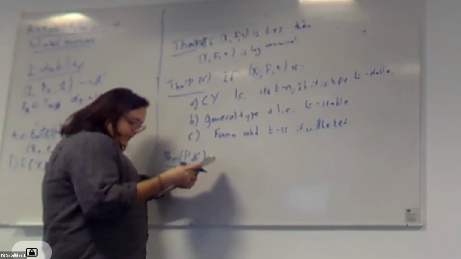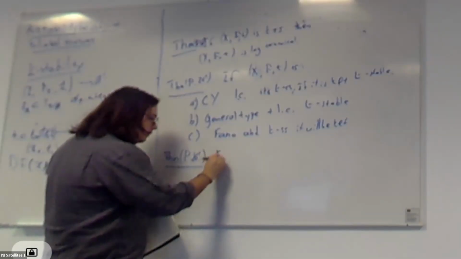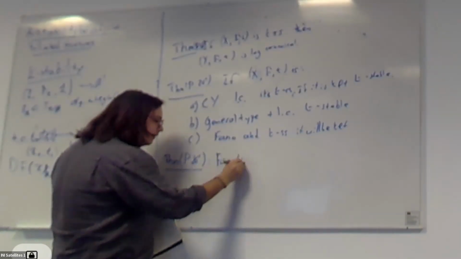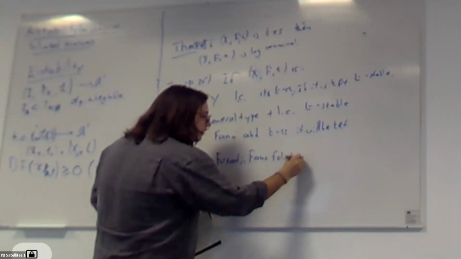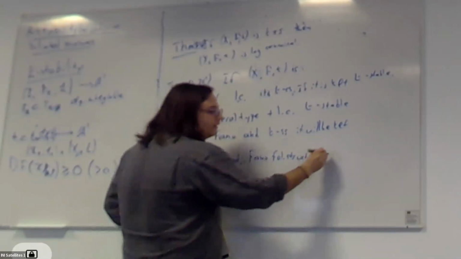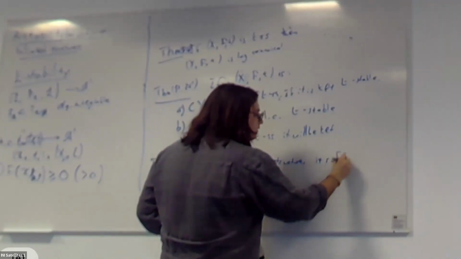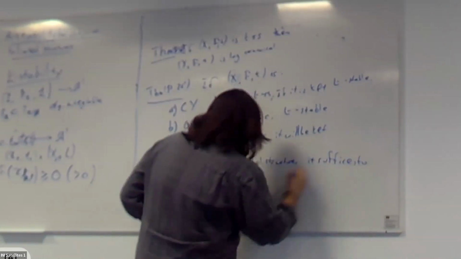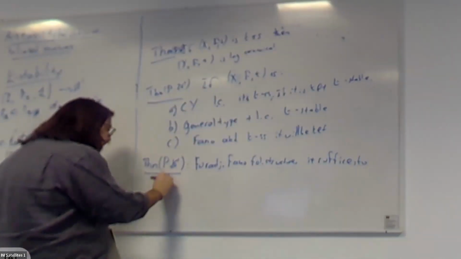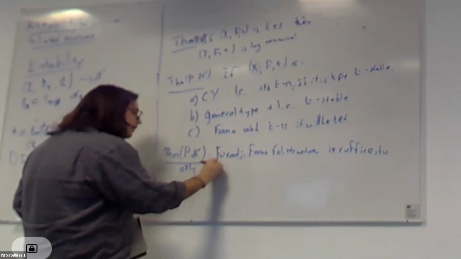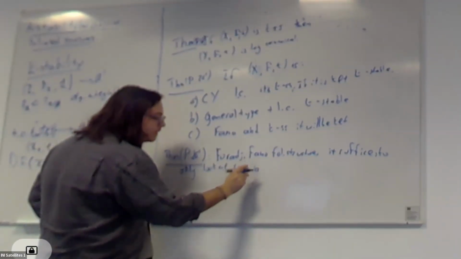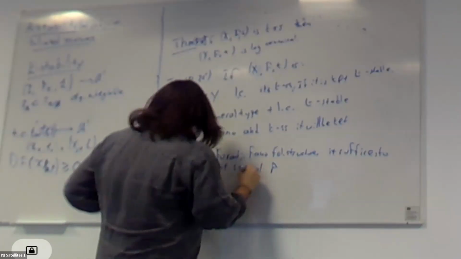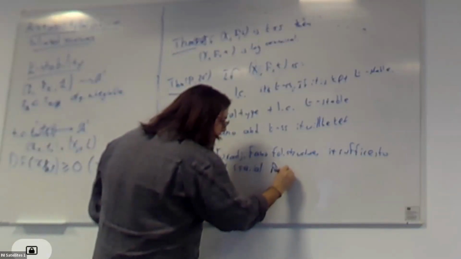So a bit more formally, for adjoint foliated structures, it suffices to only look at special test configurations, or F-compatible test configurations, to denote that we're in the foliated setting.